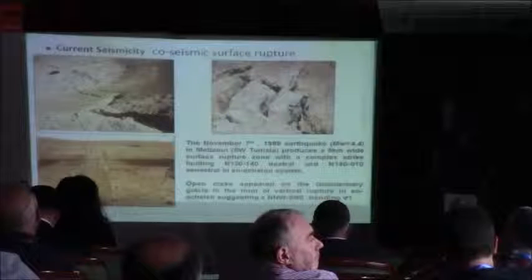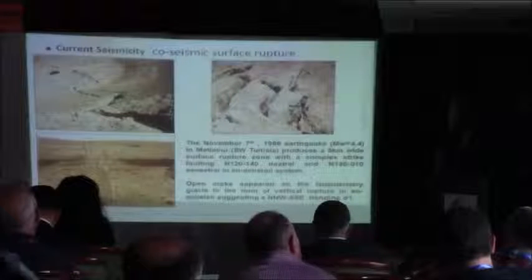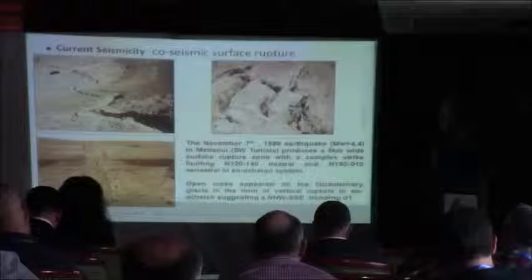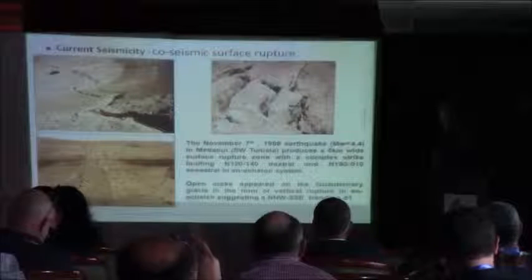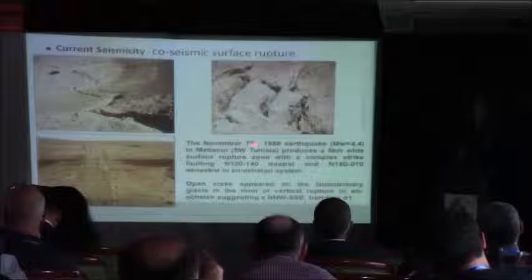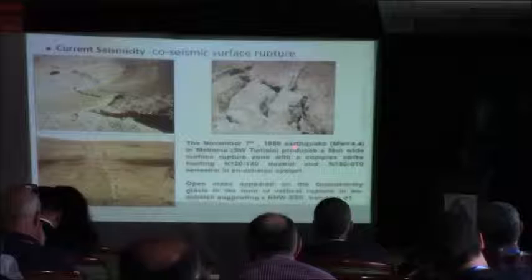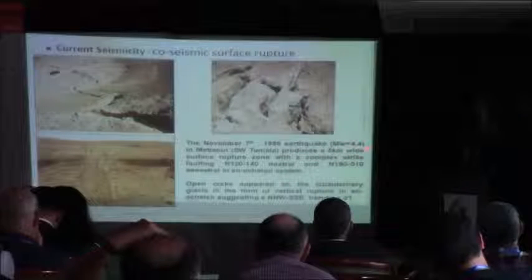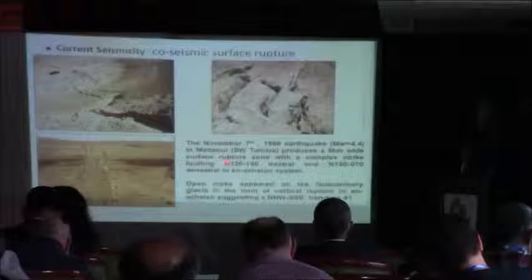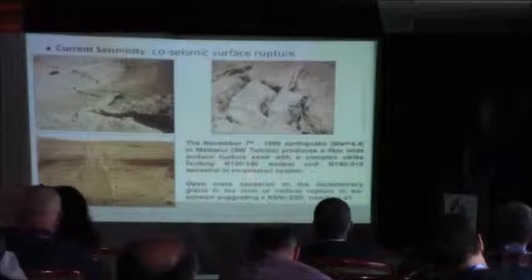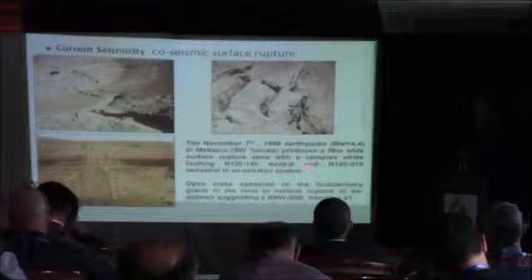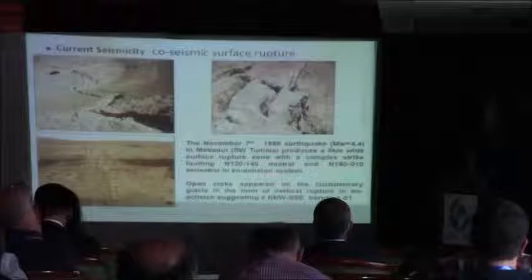The current seismicity or co-seismic surface rupture, as in the Metlaoui surroundings: the November 7th, 1989 earthquake in Metlaoui, magnitude 4.4, produced a 5 km wide surface rupture zone with complex strike faulting, 120 to 140 dextral and one north-south sinistral.